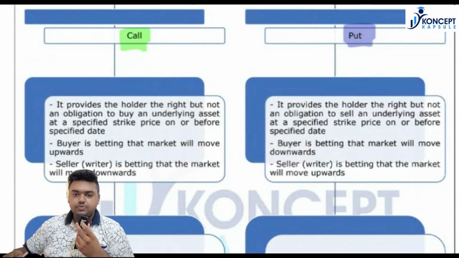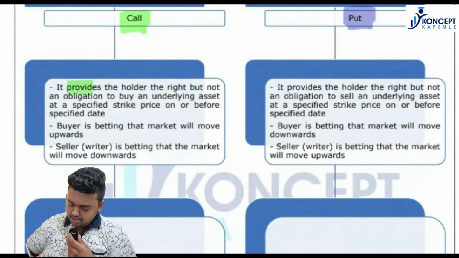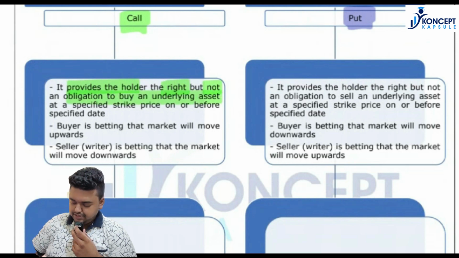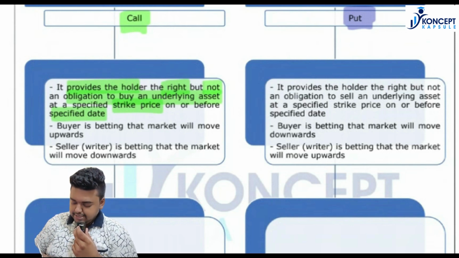What is the definition of call? Call provides the holder the right but not an obligation to buy an underlying asset at a specific strike price on or before a specified date. The buyer is betting the market will move upwards.